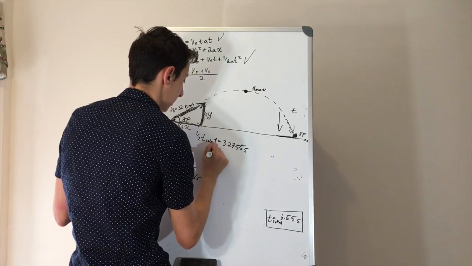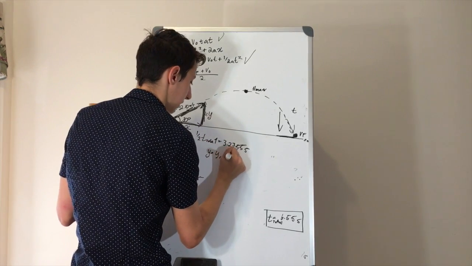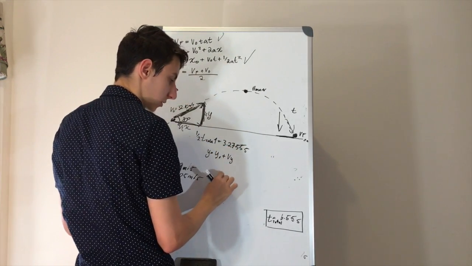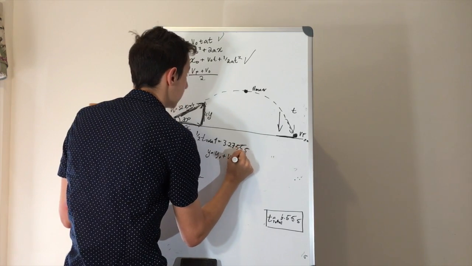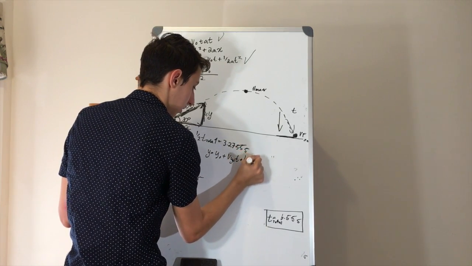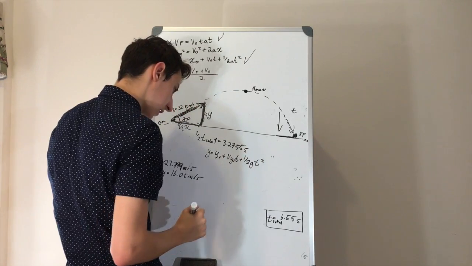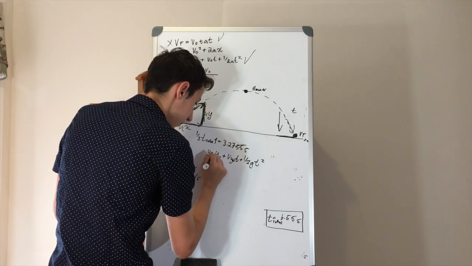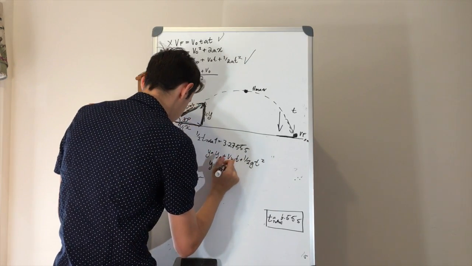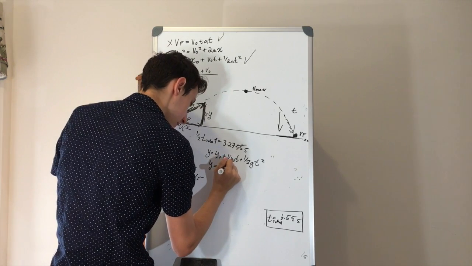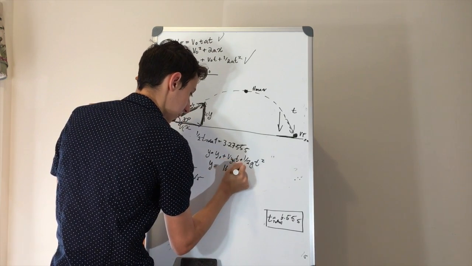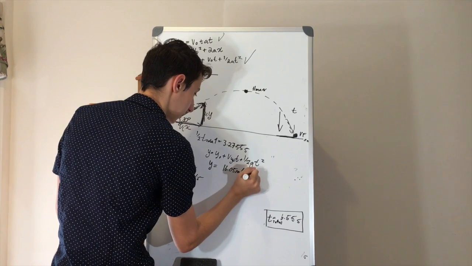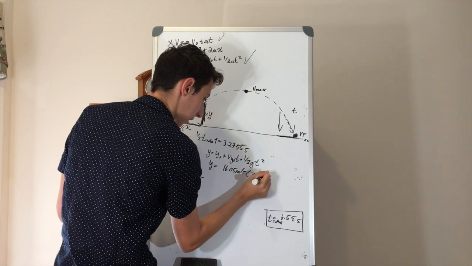So we have y equals y naught plus vy naught t plus 1/2 gt squared. We get y is equal to vy naught, which is 16.05 meters per second, times our half time of 3.2755.